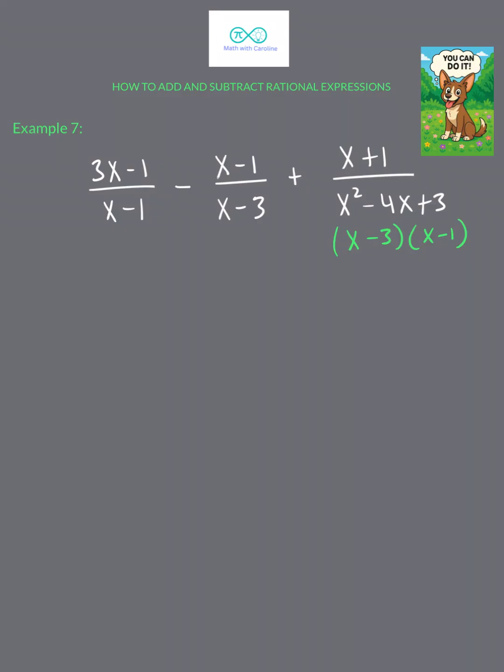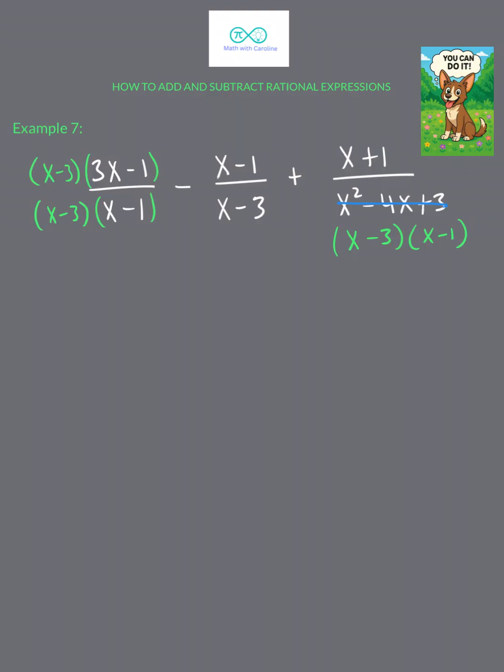So you get x minus 3 times x minus 1, which we already have the x minus 3 here and x minus 1 here. And so in order to get a common denominator, we just need to multiply this left one by x minus 3. And we'll want to go ahead and put extra parentheses around those other binomials so that we make sure that we're going to FOIL these two.